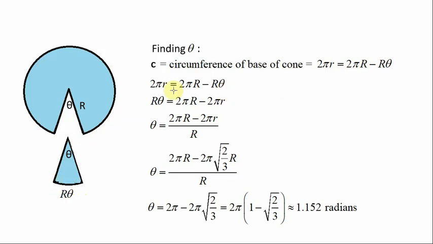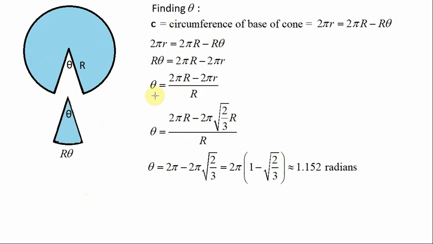From here, move this term to the right, and move this term to the left, and move this term to the right. Then we get theta is equal to 2 pi times the radius of the circle minus 2 pi times the radius of the base of the cone, divided by the radius of the circle.